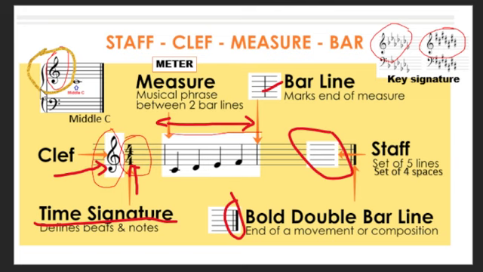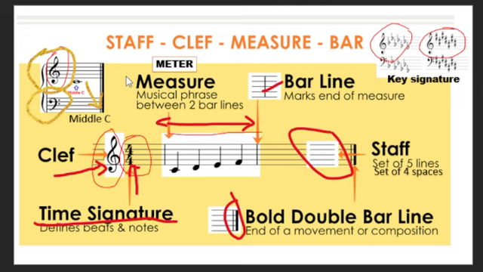We have two types of clef on my slide: the G clef or treble clef, and the bass clef or F clef. The point here was to indicate the middle C between the bass clef and treble clef, where it is indicated. Again, we want to talk about the measures or meters.